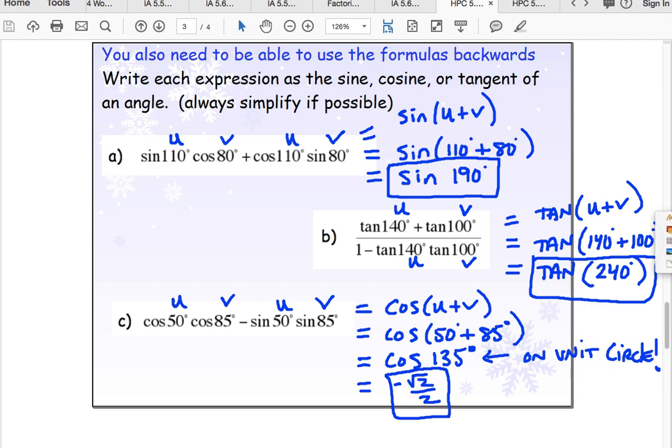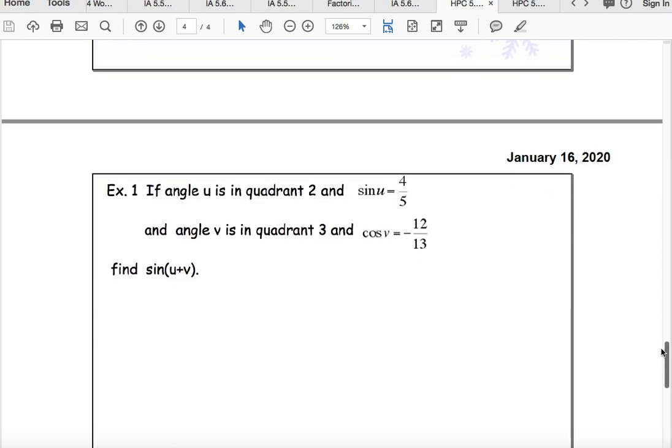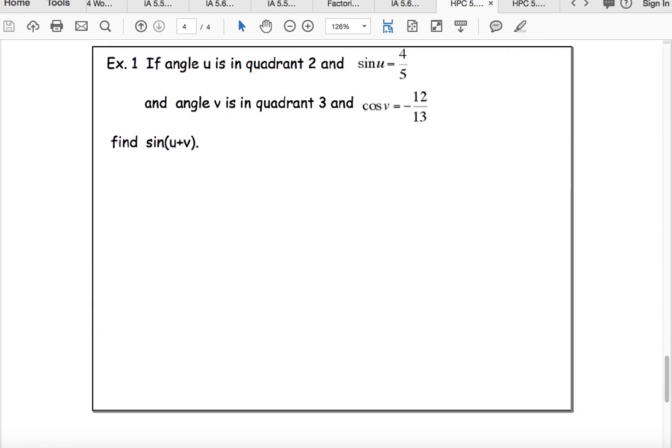Okay, last example. Here we need to be a little bit more cautious. We're going to be given some clues about angle U and angle V, and we need to really pay attention to those clues.